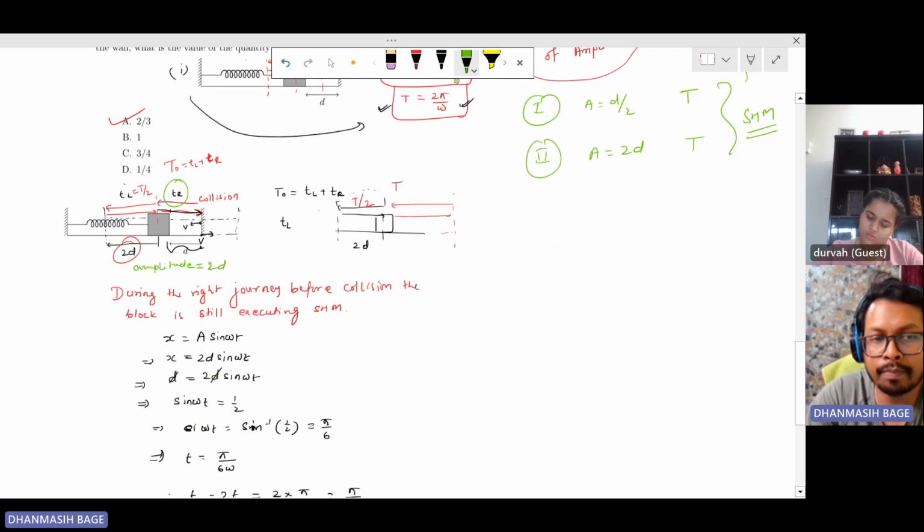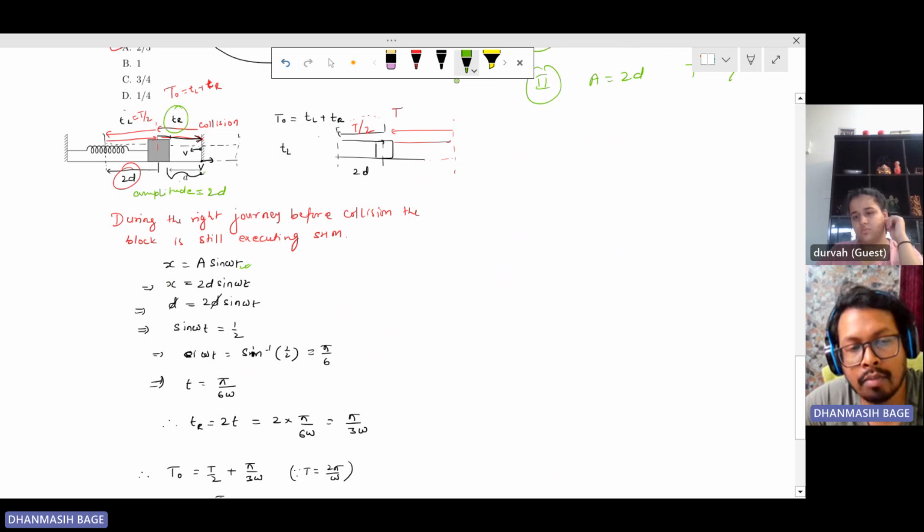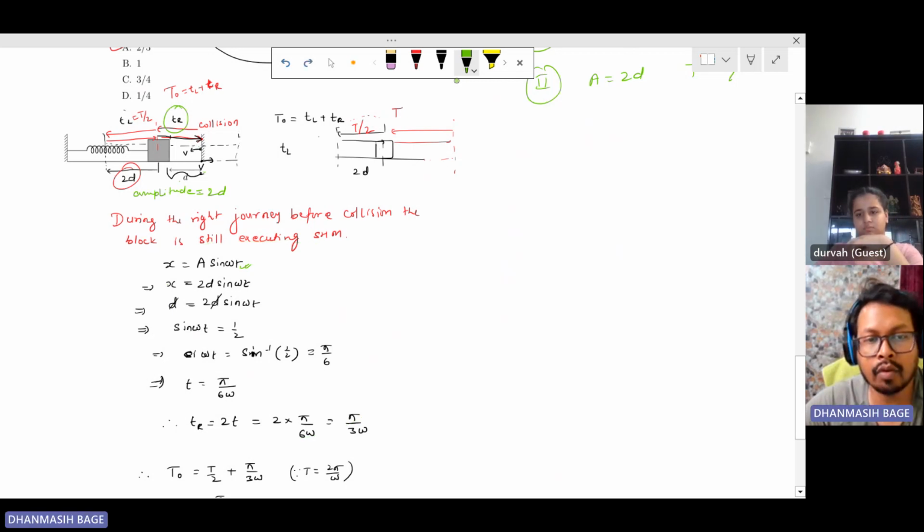So with the help of the simple harmonic motion equation, we can find out the time it takes to cover d distance during the second motion before the collision, right? Just before the collision, it covered d distance. So when x is equal to d, how much time has elapsed? With this formula, we can calculate this. And TR will be simply double of this, total time.